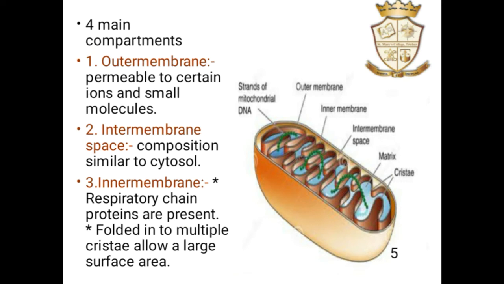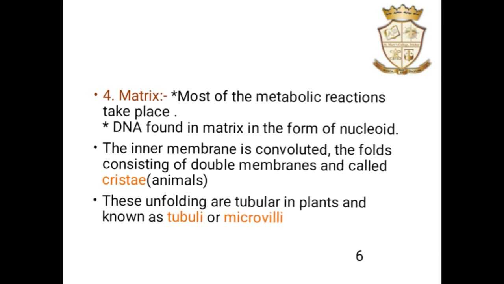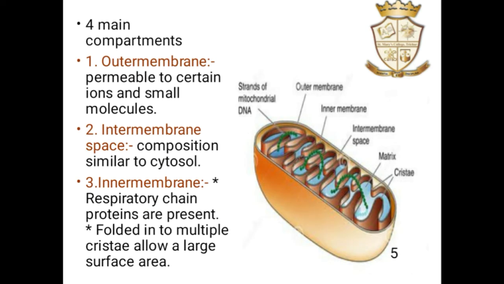This one is the matrix, and most metabolic reactions take place in that area. Most of the DNA is found in the matrix in the form of nucleoid. The green color is the DNA strand, and this DNA strand is present in the matrix of the mitochondria.